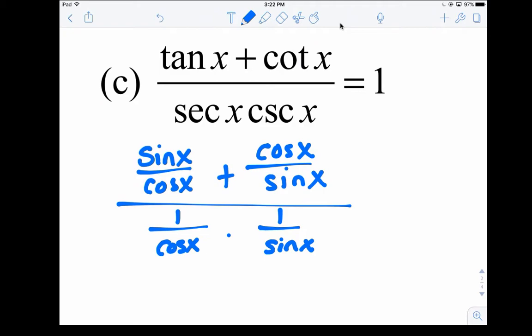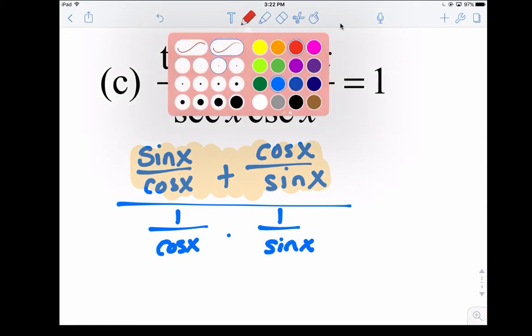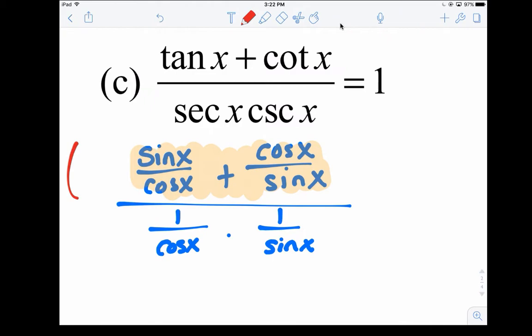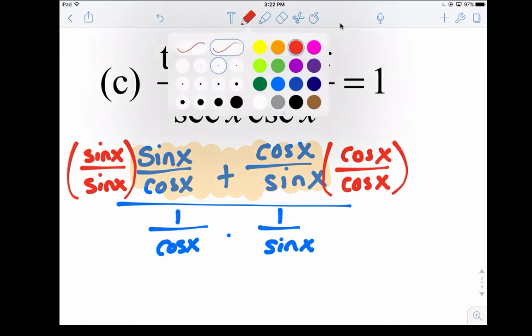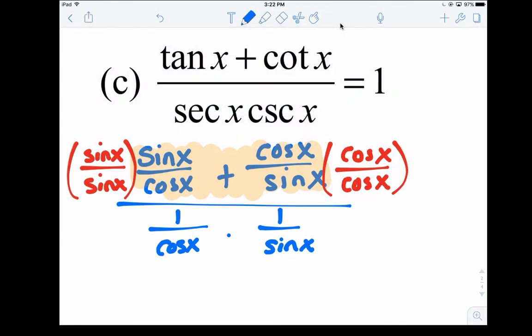So what I want to do next is try and put both of these terms together. I want to make it one single term, so I have to find a common denominator. I'm going to multiply the first term by sine over sine, and then I'm going to multiply the second term by cosine over cosine, and that'll give me the sine times cosine common denominator.